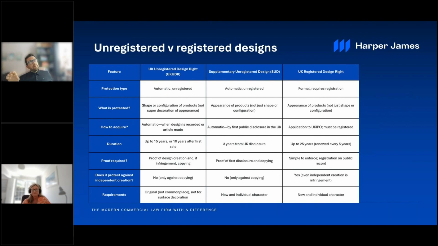I've talked about the rights that a registered design gives you, and Jill's going to come on to how you enforce those rights shortly. But I also just wanted to mention a couple of other benefits of registered design protection. One is that because your design is registered, it's on the design register. That means that competitors can find it.